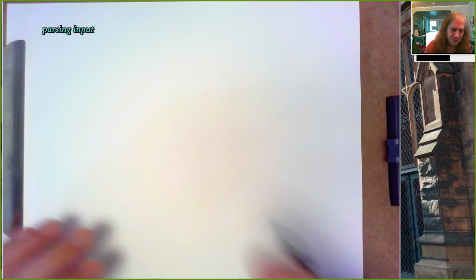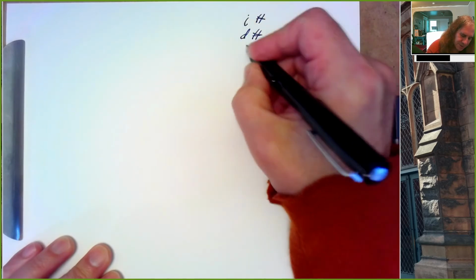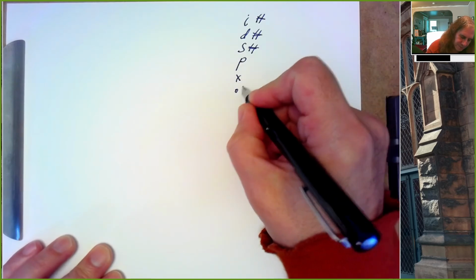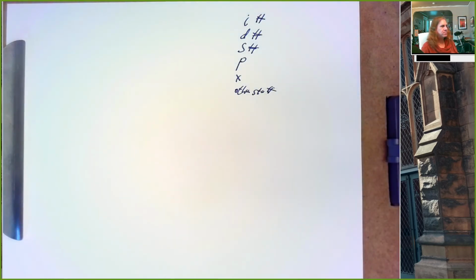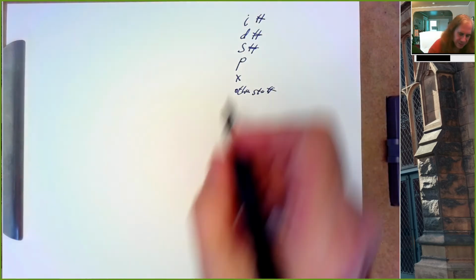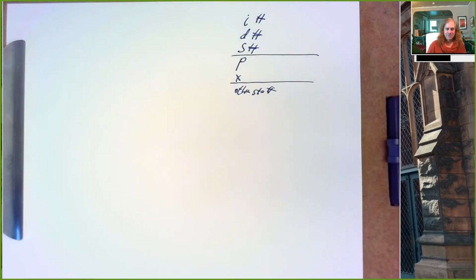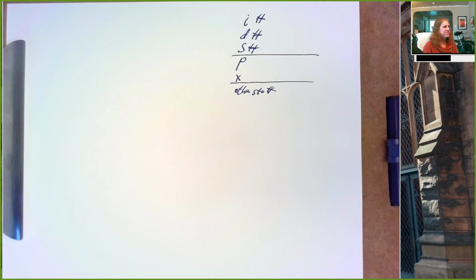So PA1, you have the following commands: insert a number, delete a number, search for a number, print, exit, or other stuff. All right. So I see three groups of command types here. The first group is a letter followed by a number. The second group is just a letter, and then the catch-all is, print out a help message because they didn't type in something valid.